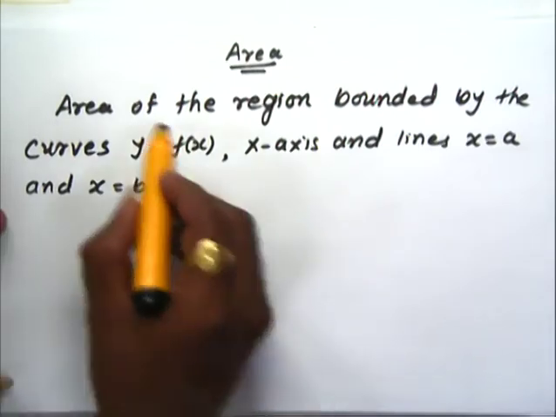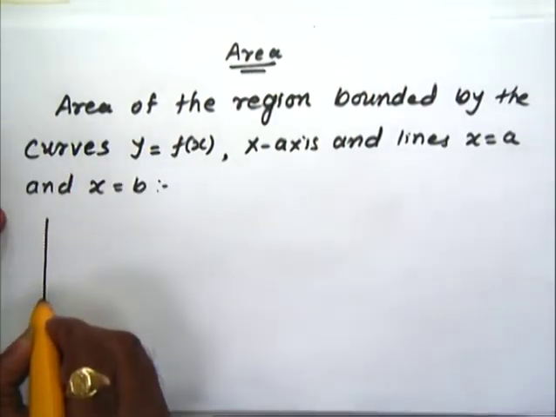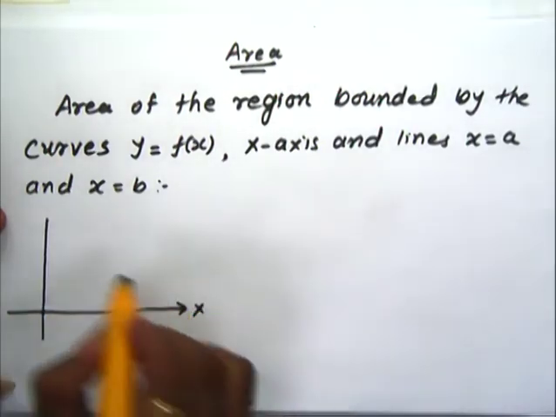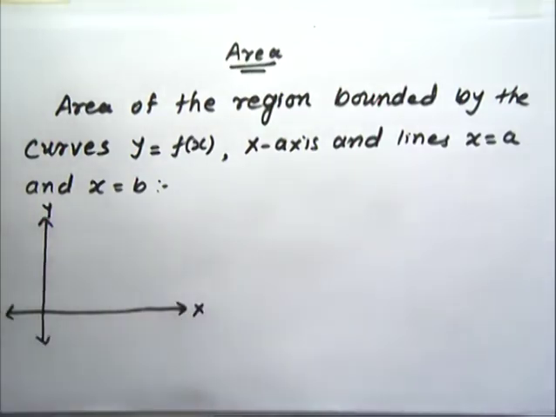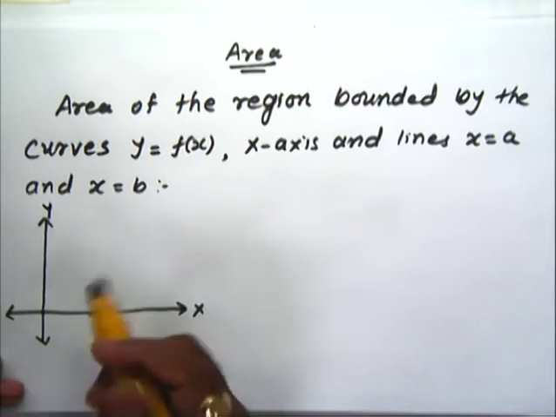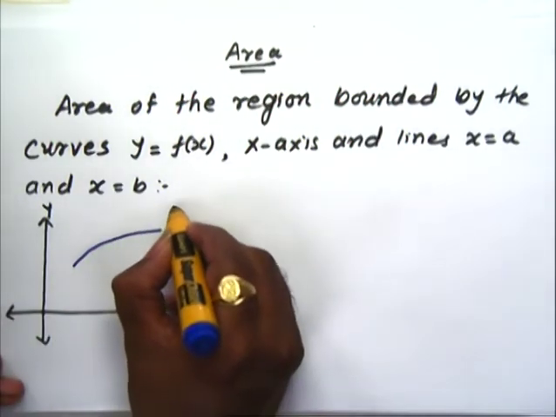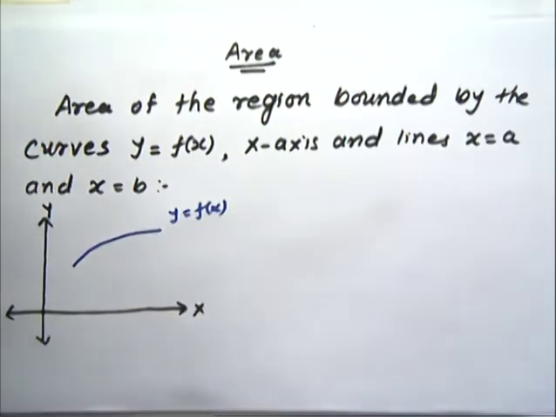Let's understand this thing by figure. Suppose this is x-axis, this is y-axis, and this is our function y equal to f(x).